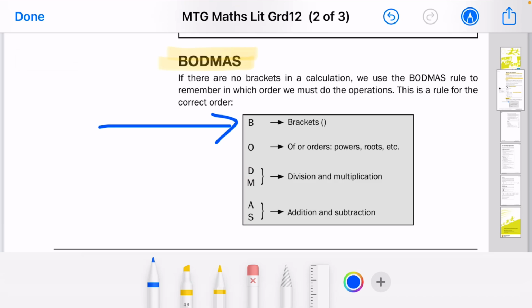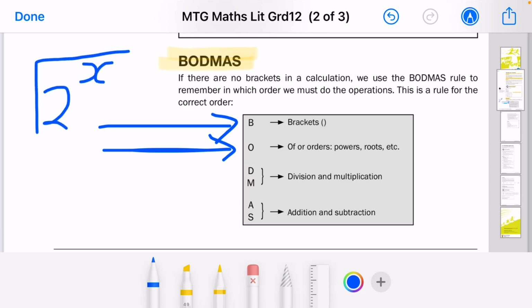Then the O refers to orders: powers, roots, exponents, whatever. Let's say you've got 2 to the exponent x. This thing on its own is what is referred to as a power.